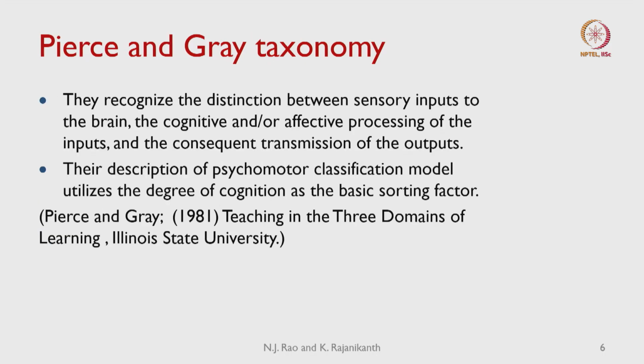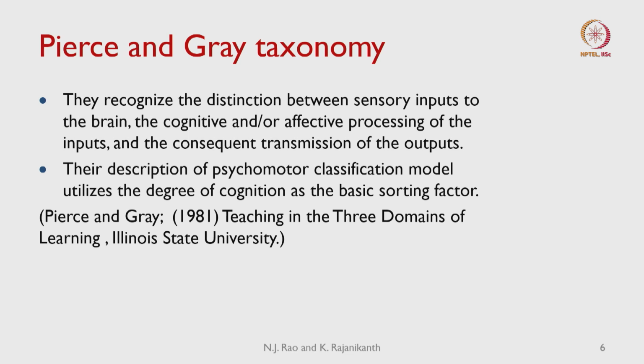Pierce and Gray taxonomy, they recognize the distinction between sensory inputs to the brain, the cognitive or affective processing of the inputs and the consequent transmission of the outputs. There are 3 stages that are involved.